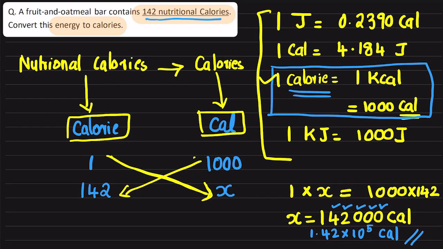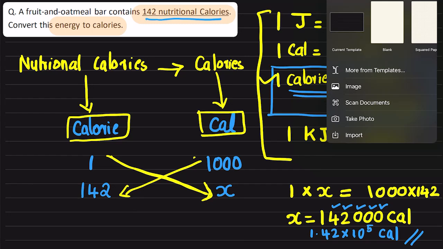We will do certain example questions also. For example, there is one question, conversion factor. We will do some conversion factor questions. So they ask you to convert some value given here, 230 nutritional calories.